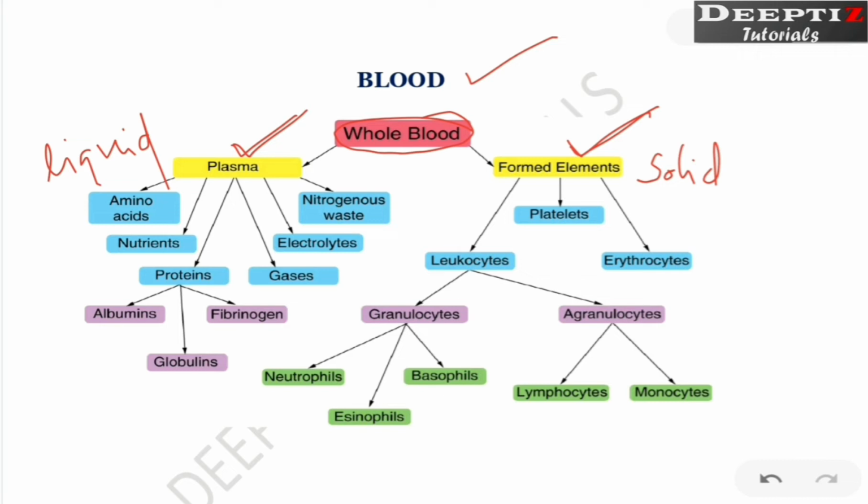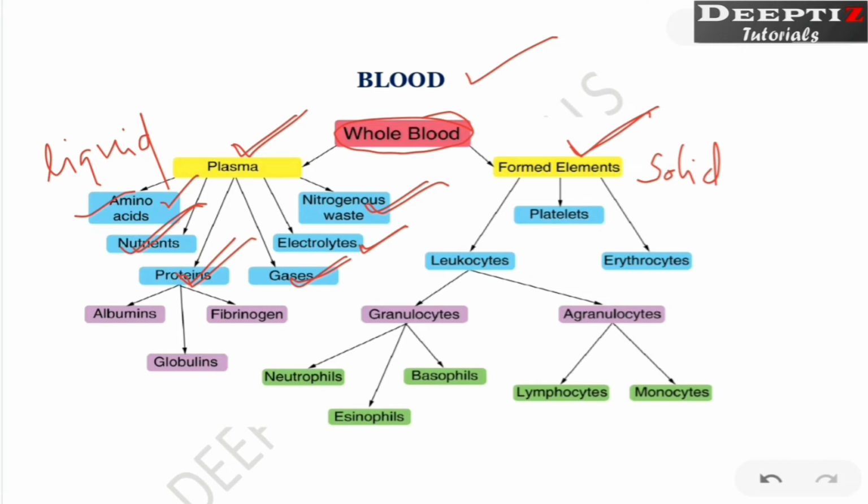This plasma is made up of amino acids, nutrients, proteins, gases such as the respiratory gases, oxygen and carbon dioxide, right? Electrolytes and some nitrogenous waste. So what does the plasma consist of? Amino acids, nutrients, proteins, gases, electrolytes and nitrogenous waste.